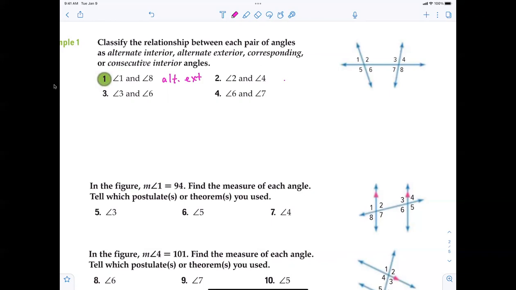2 and 4. We agree? We're good. Corresponding. Anybody have a problem with that? Or what about 3 and 6? 3 and 6, guys, come on. Alternate interior, thank you very much.